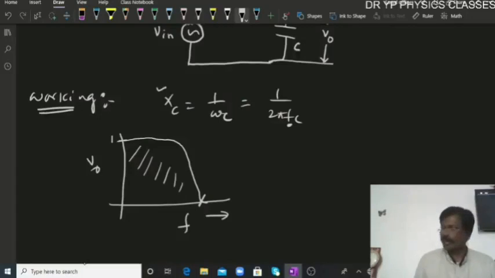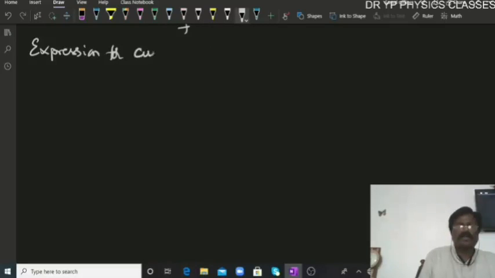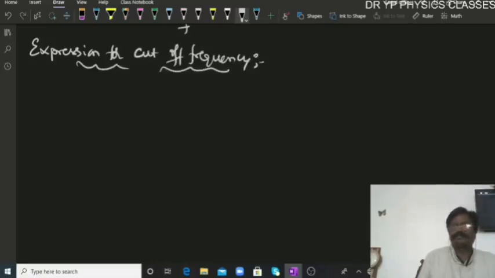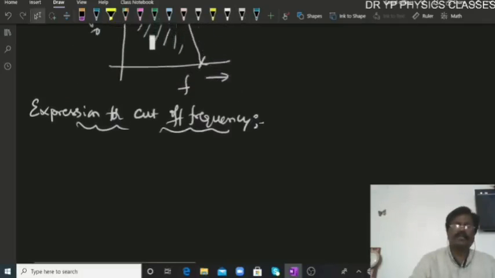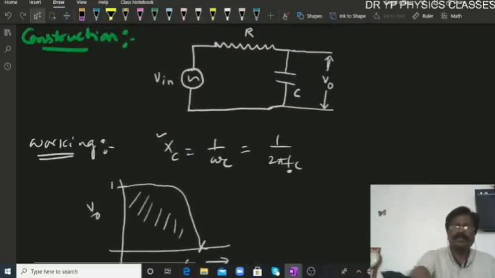Now we have to derive the expression for the cutoff frequency. In order to derive the expression for the cutoff frequency, let us apply the voltage divider formula to the circuit.